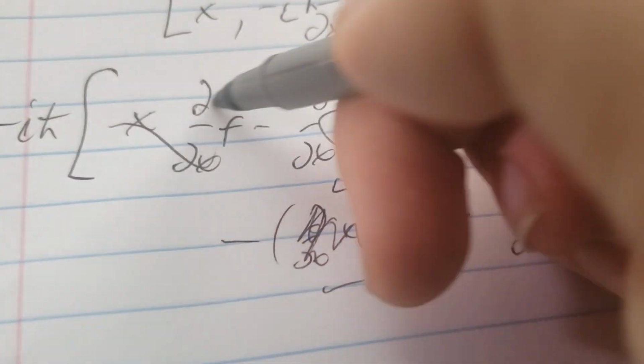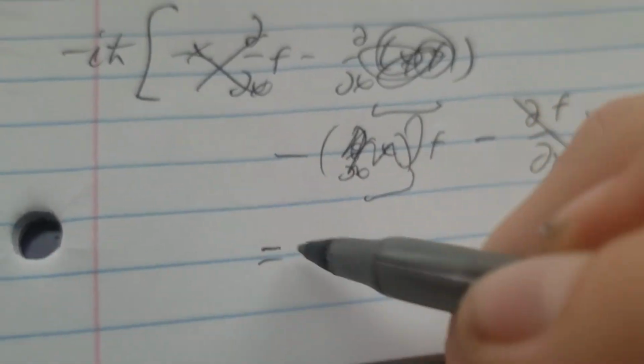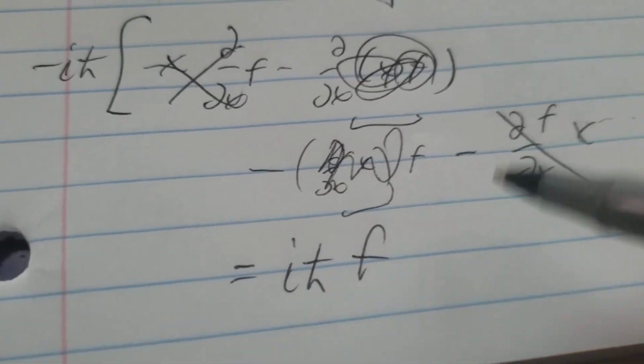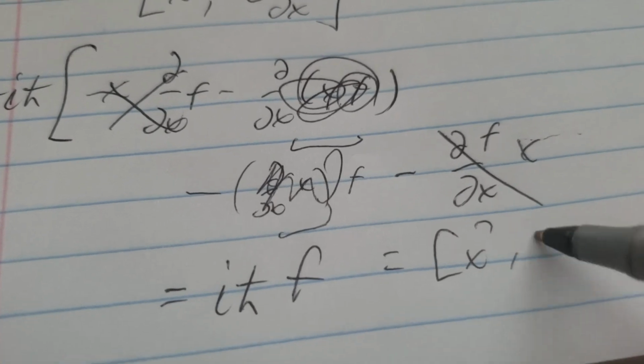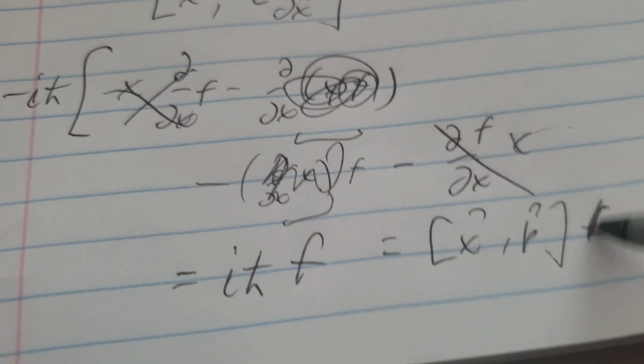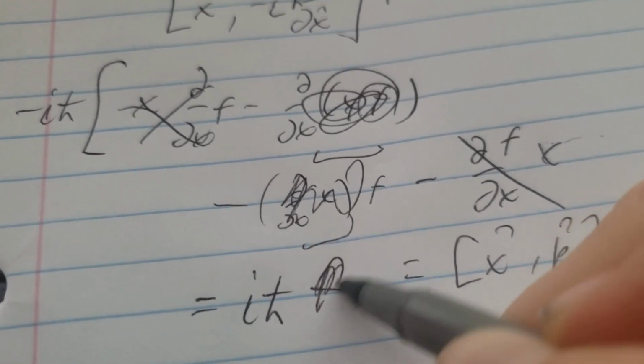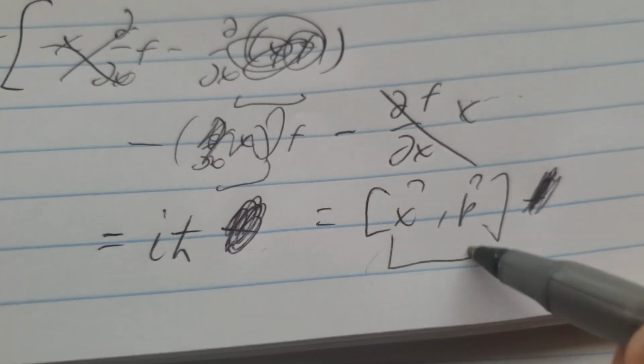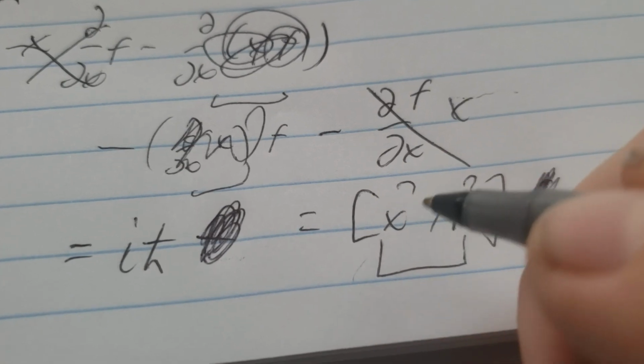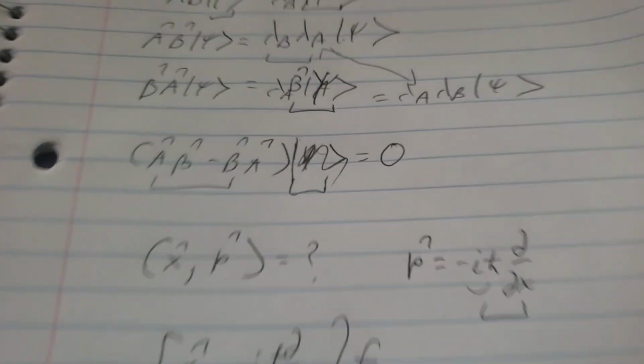Well, those cancel out there, and we're left with i h bar times f equals the commutator of x with p times f. We can pull out the test function, and we find out that the commutator of x, the position operator, with the momentum operator is i h bar. That's not 0, which means that there are no states for which the position has a definite value and the momentum has a definite value.